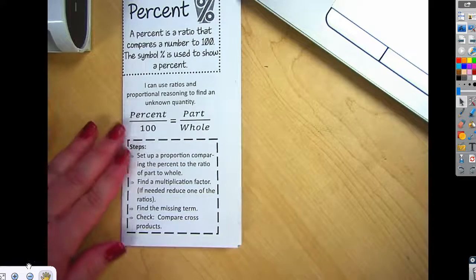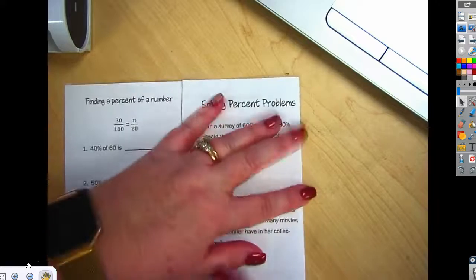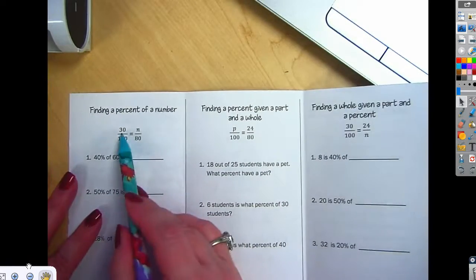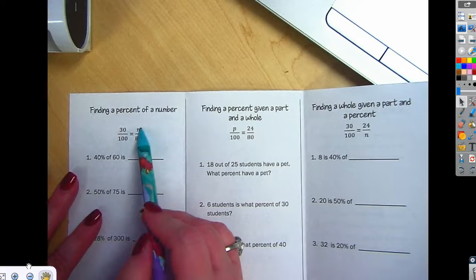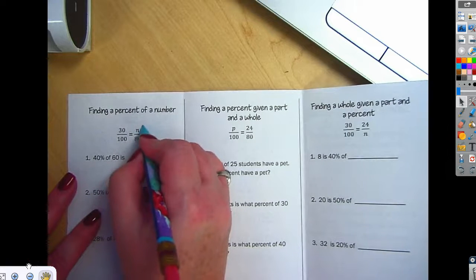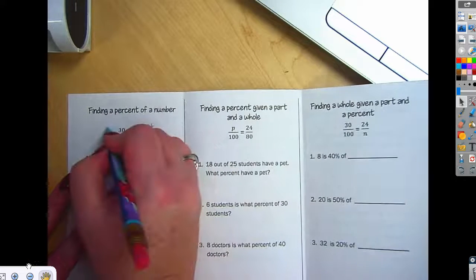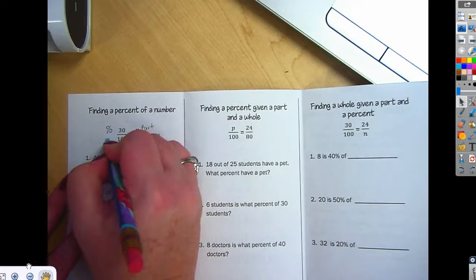So we're going to try some of these. If we need to find the percent of a number, that means the missing part is the part. So this is the part, this is the whole, this is the percent, and this is the 100.